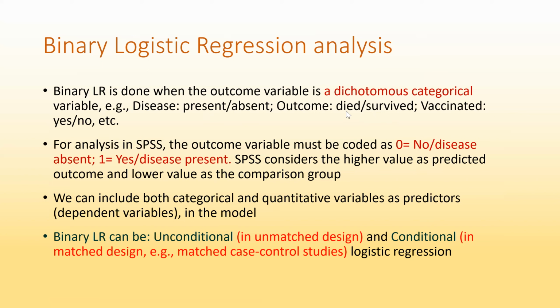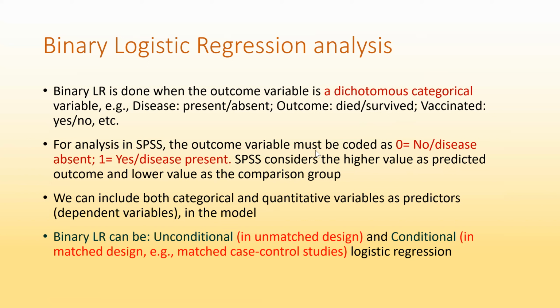If it is died and survived, then died should be coded as 1 because that is what we are interested to know, what is the risk of dying. That's why, if the patient died, coded as 1. If the patient did not die, survived, then it should be coded as 0.